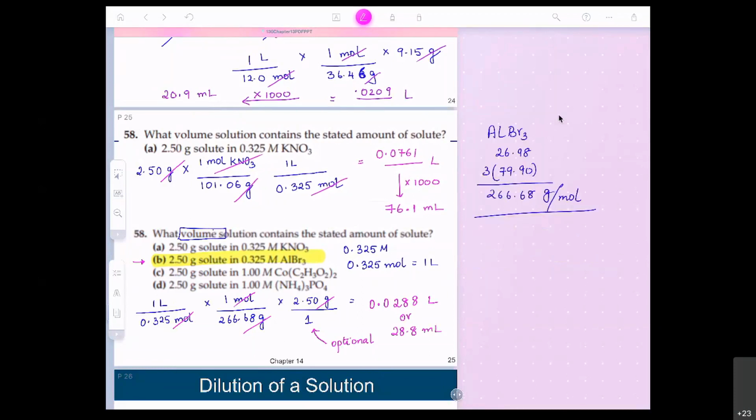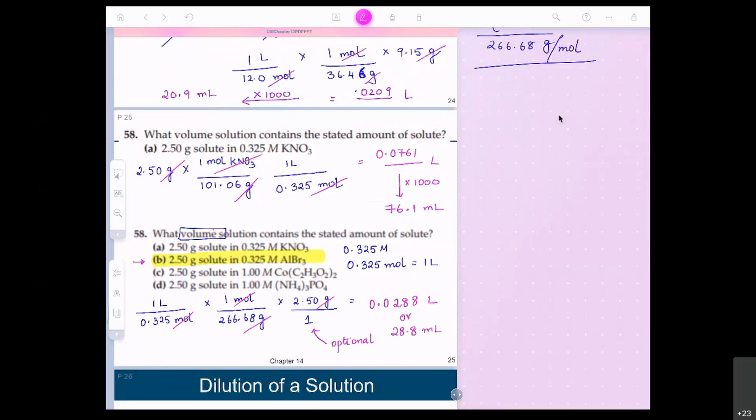So, while you're doing that, I just want to summarize the 3 types of problems we have learned.